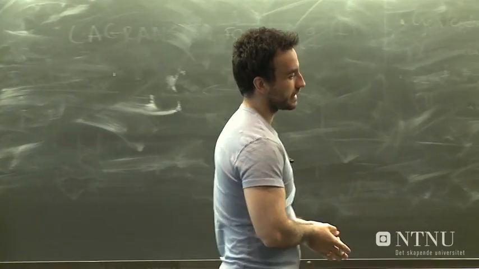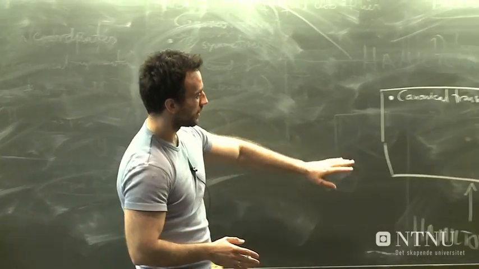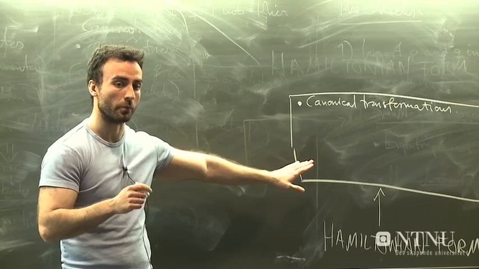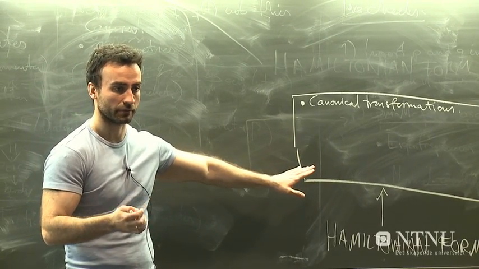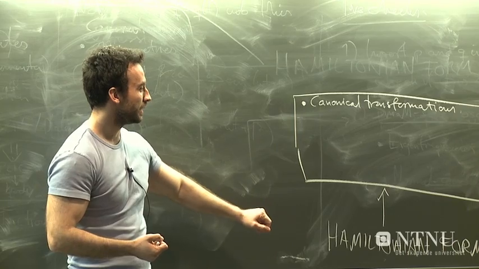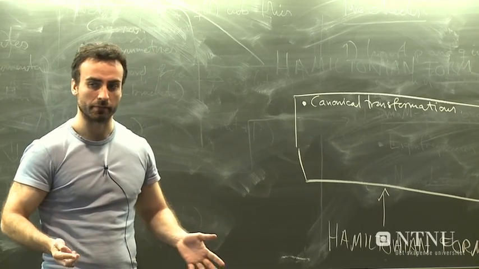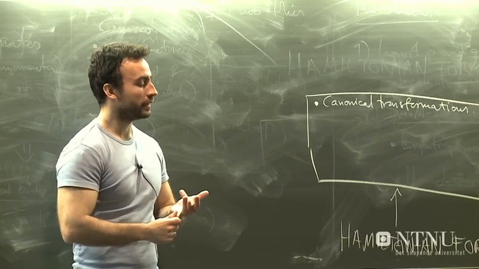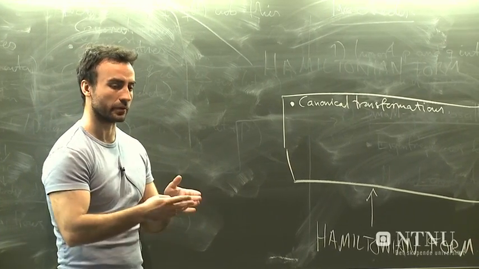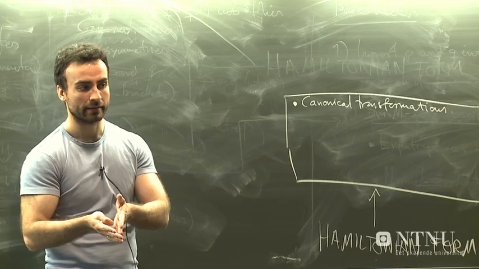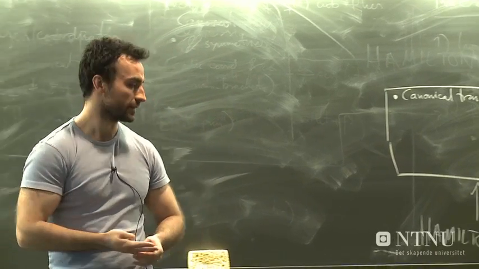And what I mean by this is that the new coordinates in the system also obey Hamilton's equations for the new Hamiltonian. So it's not just any transformation, but it's done in a specific way which guarantees that the new Q and the new P also satisfy Hamilton's equations.